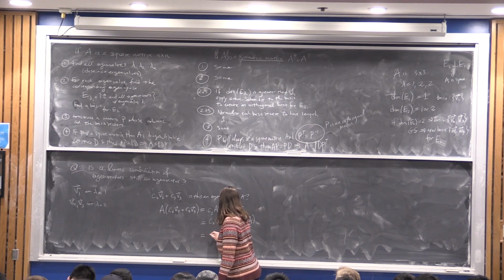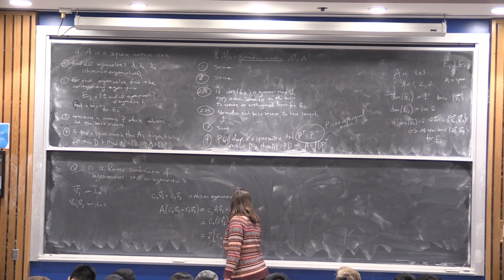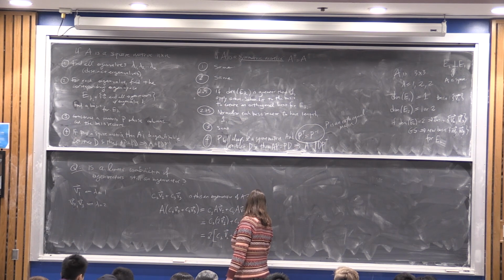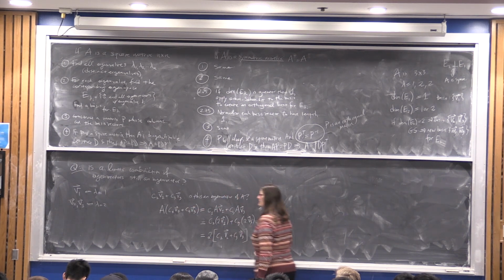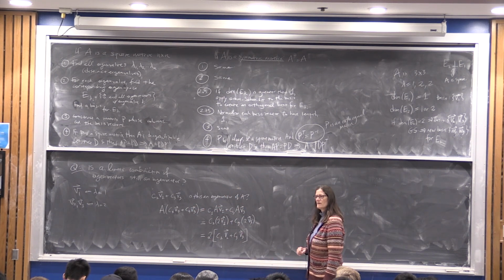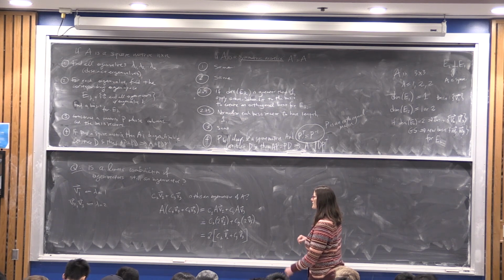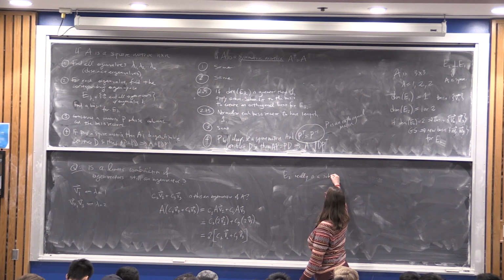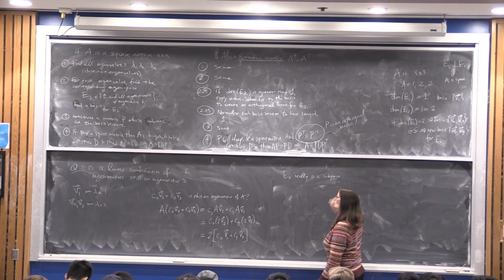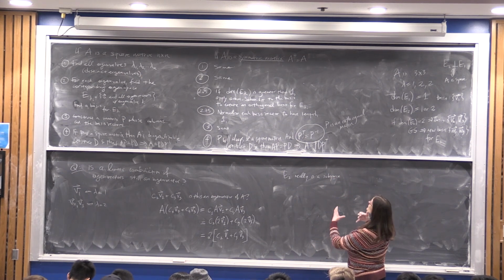So this is equal to 2 times C2 V2 plus C3 V3. So is C2 V2 plus C3 V3 an eigenvector of A? Yes. This tells you that E2 really is a subspace as long as you include the zero vector.